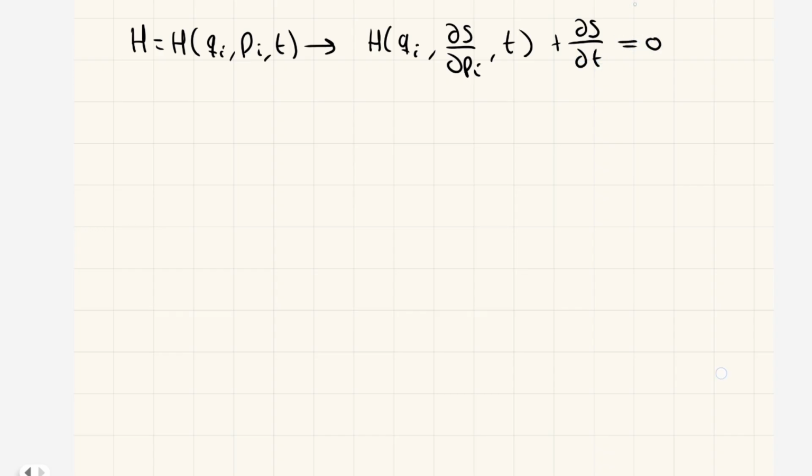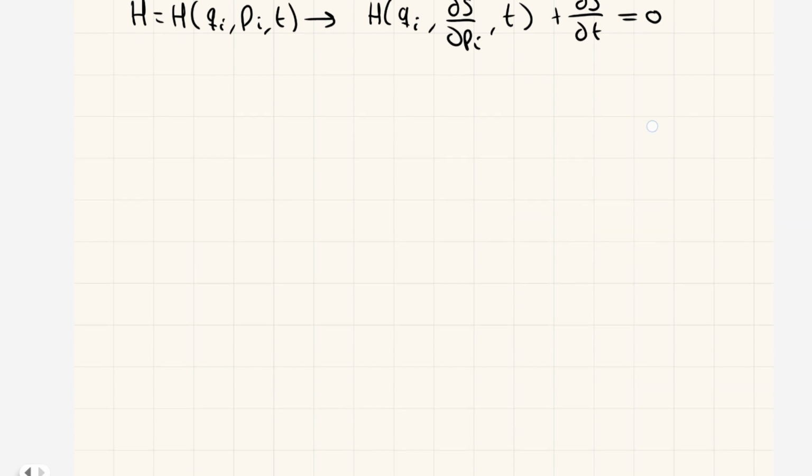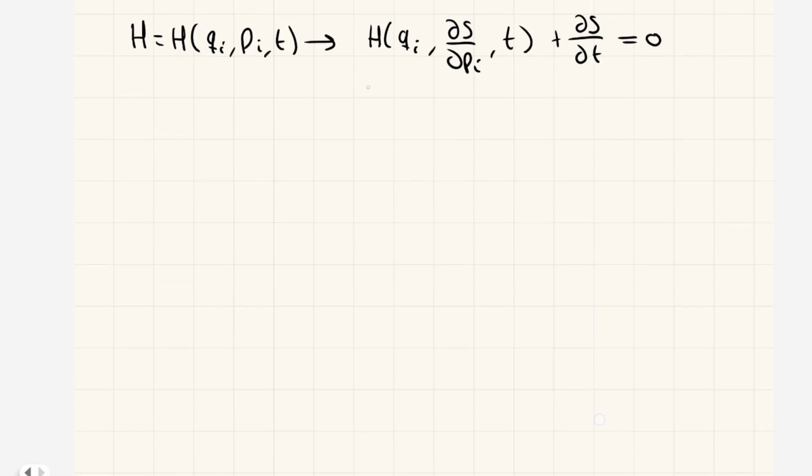You can notice here that we are introducing a function S that represents a canonical transformation. That means we can find some new functions generated from S that relate some new canonical coordinates with the original coordinates, Q and P.